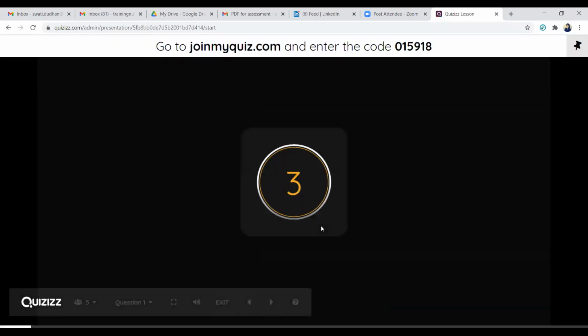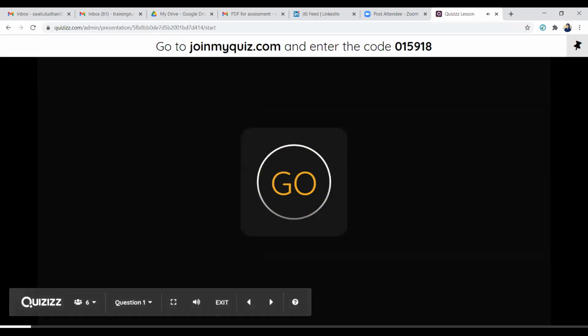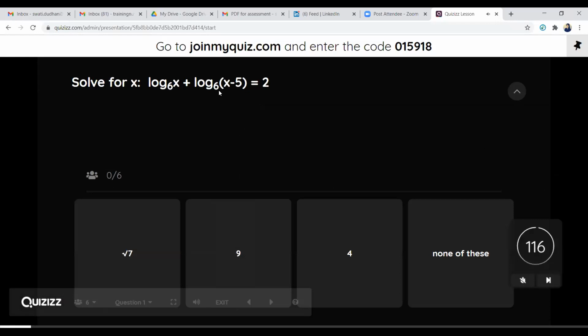All right, here's your first question. Solve for x. An equation is given, you need to find the value for x.